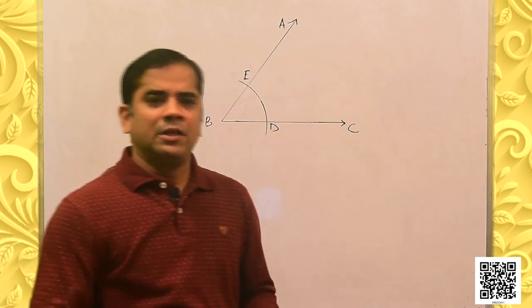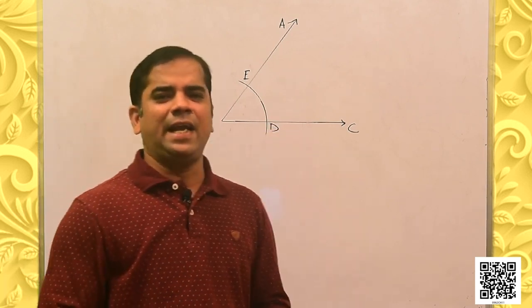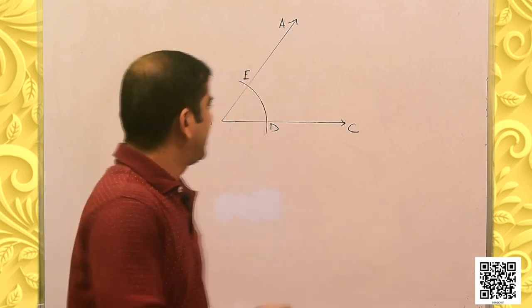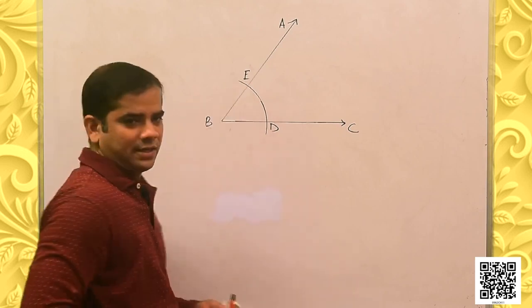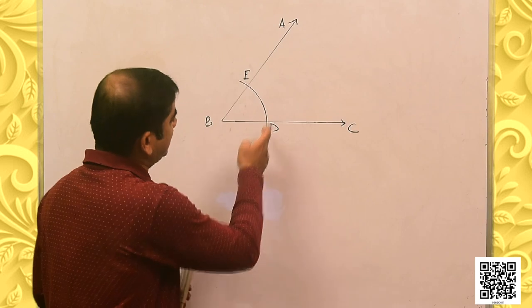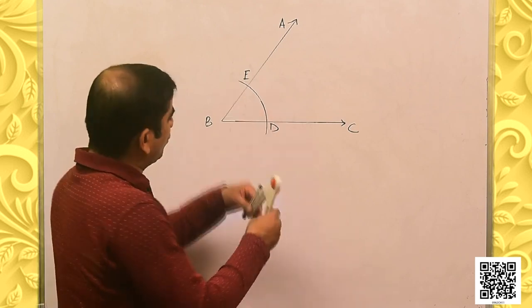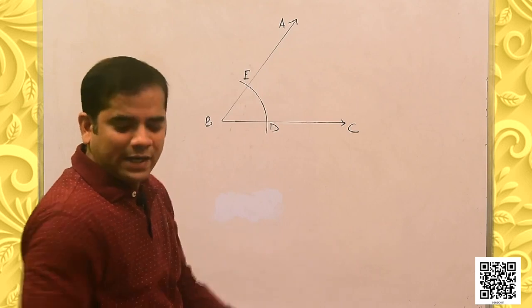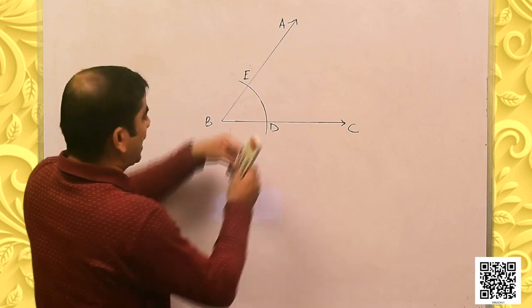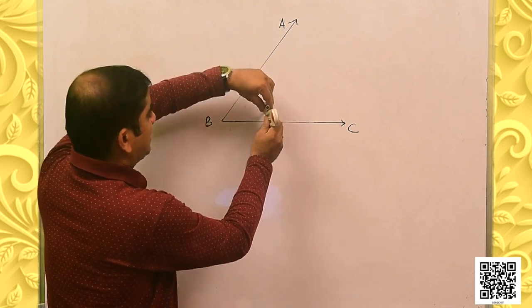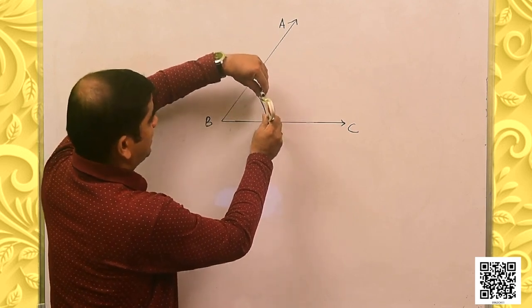Now next, taking D and E as centers and with the radius more than half DE. That means this is DE and we need to adjust our compass so that when we take point D, the length should be more than half DE, just like this.